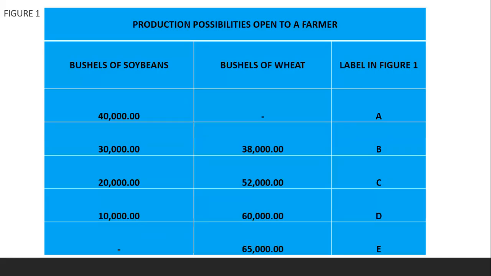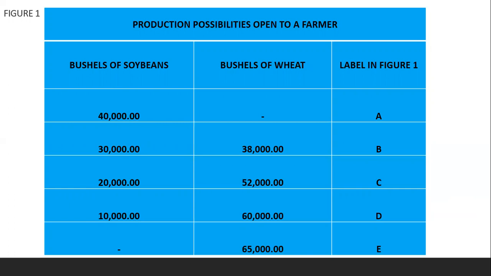For the farmer, if he produces 40,000 units of soybeans, he needs to forgo producing wheat. If he chooses to produce wheat, he needs to sacrifice 10,000 units of production of soybeans.